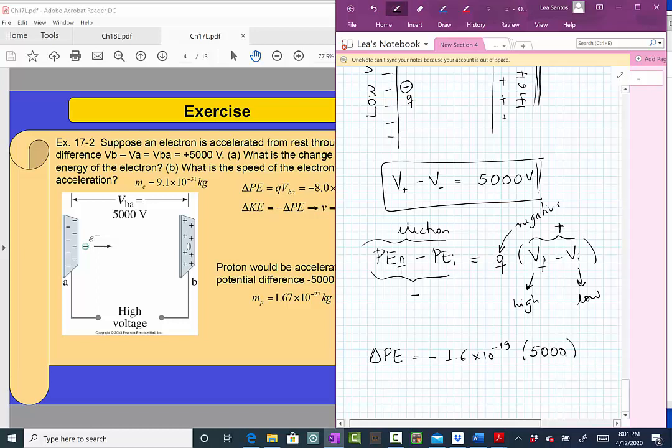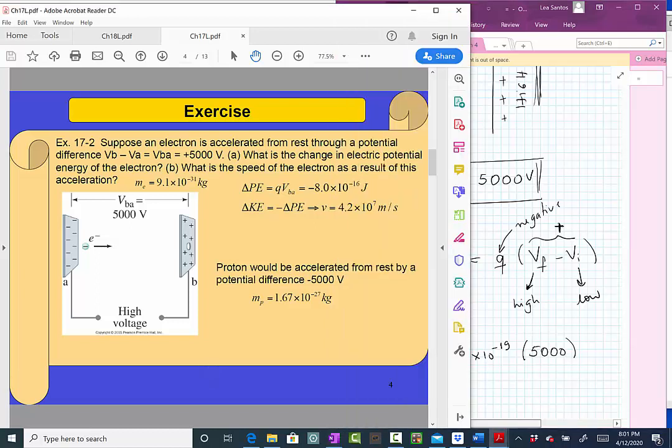This will give us what the question asks, the change in electric potential energy, which is going to be a negative value, and here it is: minus 8 times 10 to minus 16 joule.